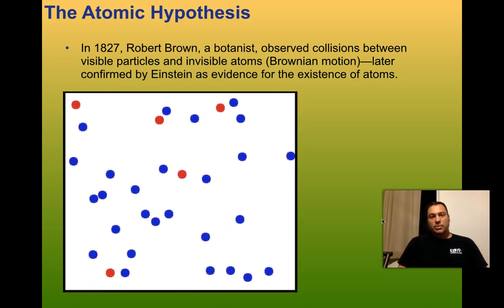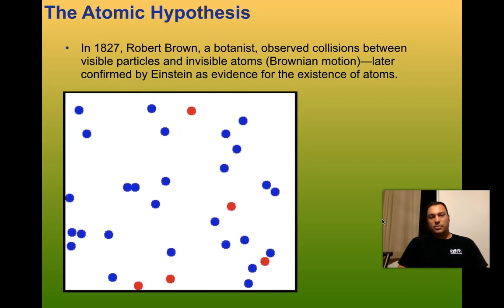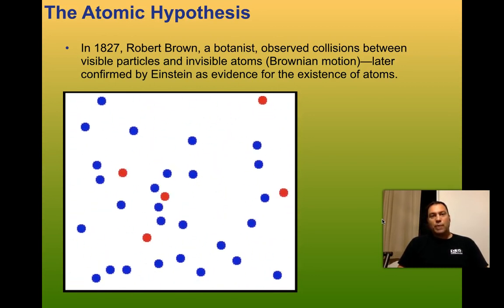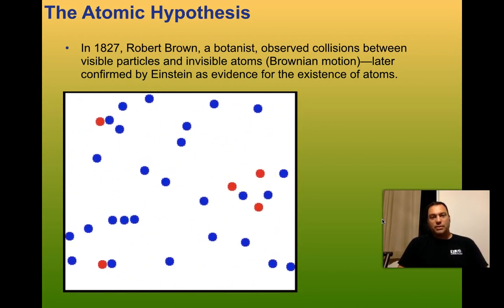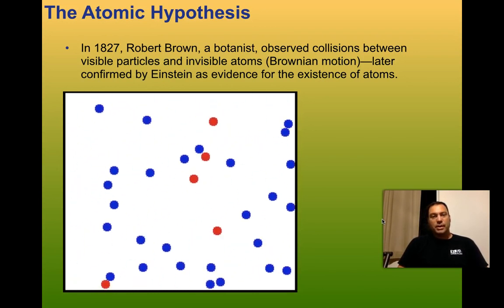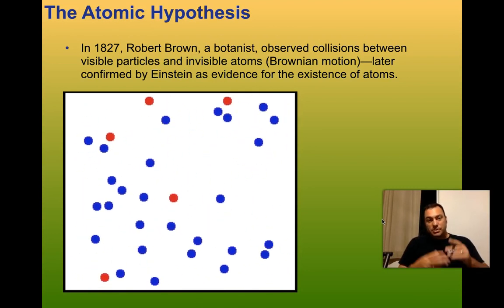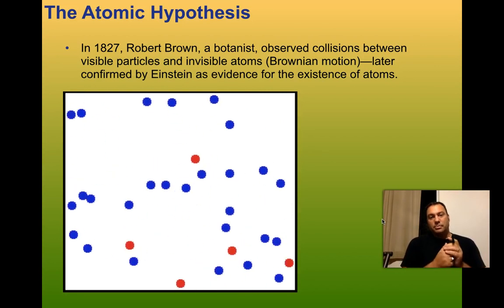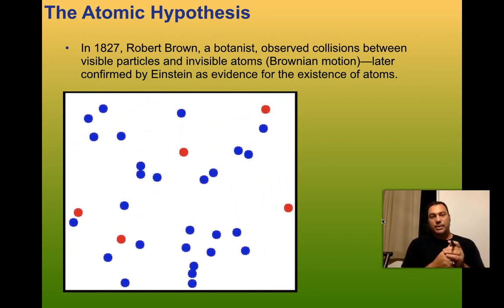If all you could see were the red dots, you would see these weird particles dancing all over the place, sometimes speeding up, sometimes slowing down, in complete random distribution. They would change direction and speed in the middle of nowhere. But if we had special eyeglasses and could see the blue dots, the air particles, bouncing into the dust particles, we would understand why the red dots were moving around the way they were.